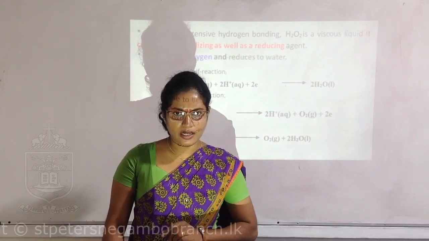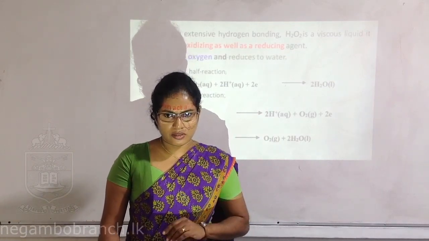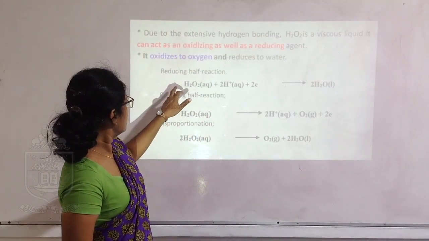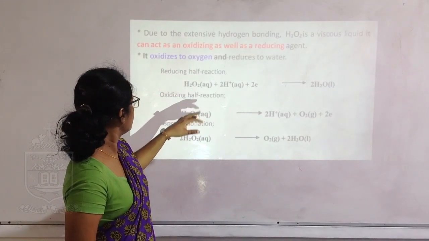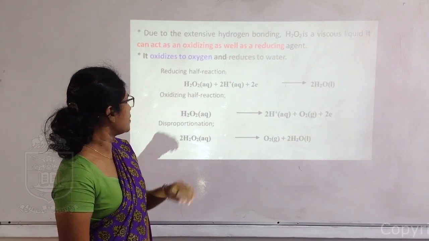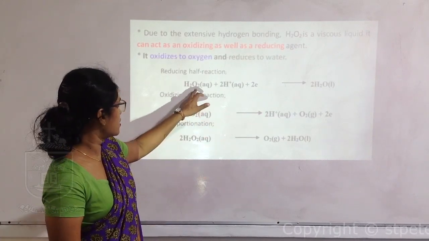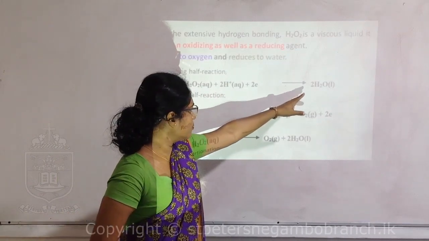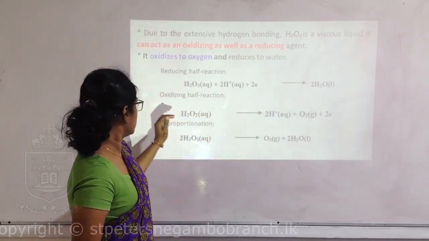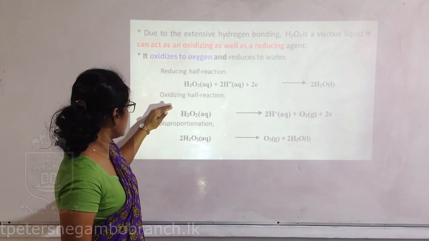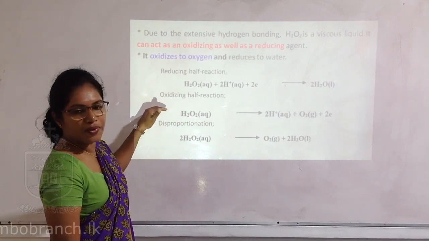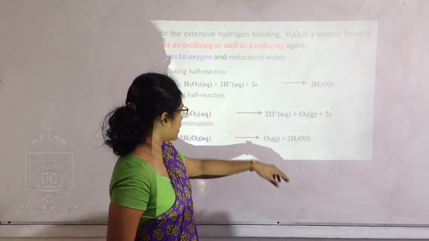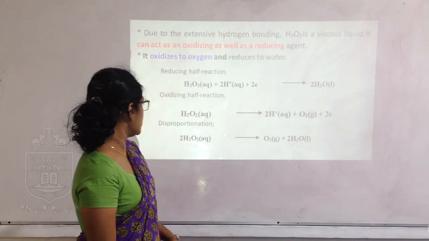If we take the reducing reaction, this is the half reaction of hydrogen peroxide reducing. It forms water. And if we take the half reaction of oxidizing of hydrogen peroxide, it forms oxygen.